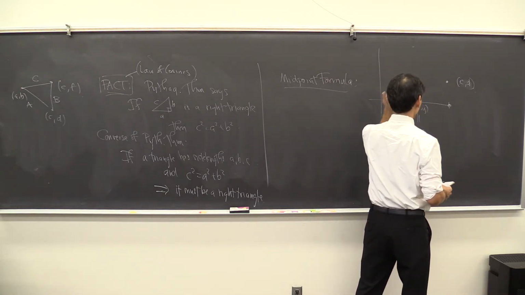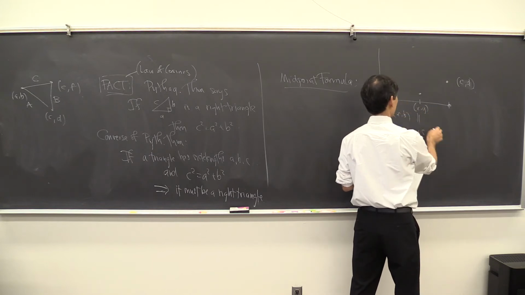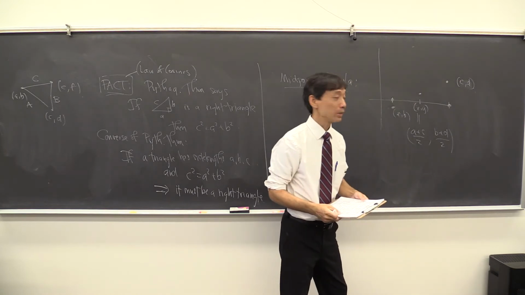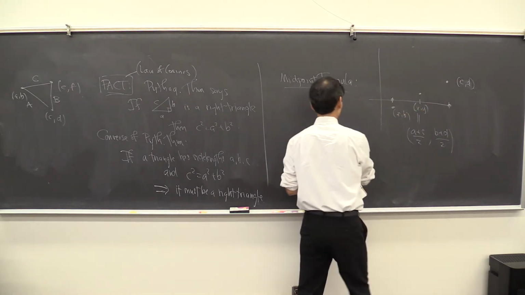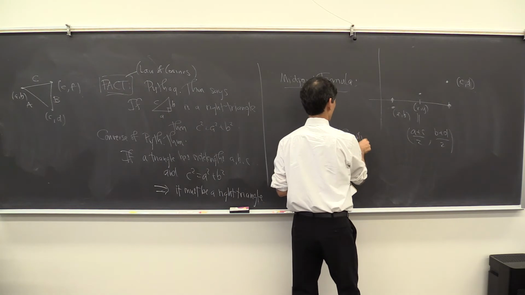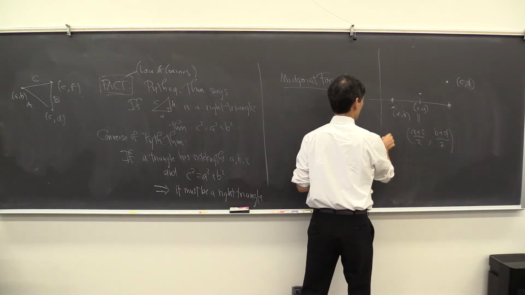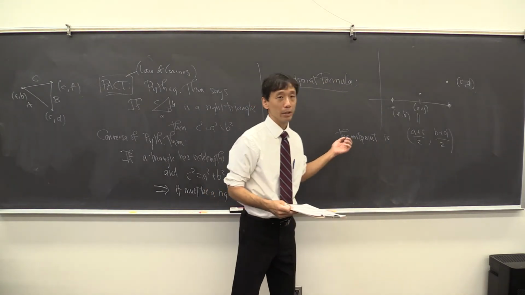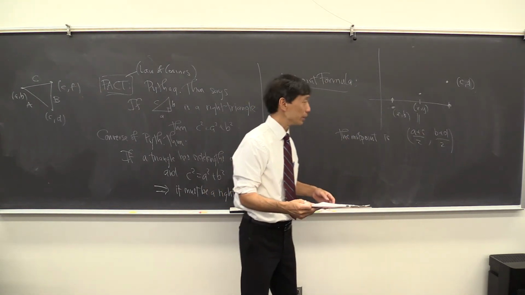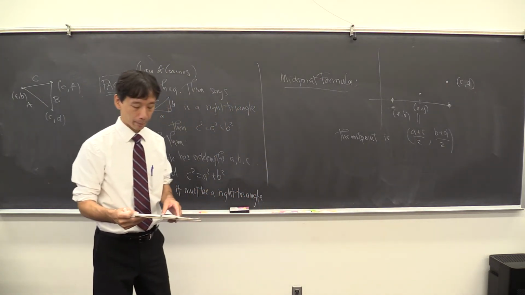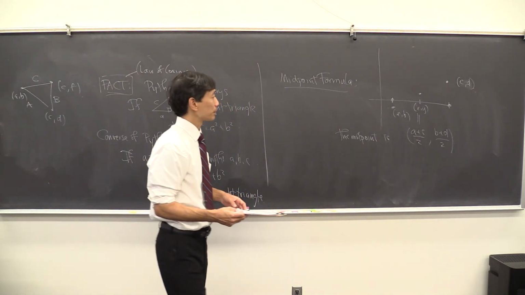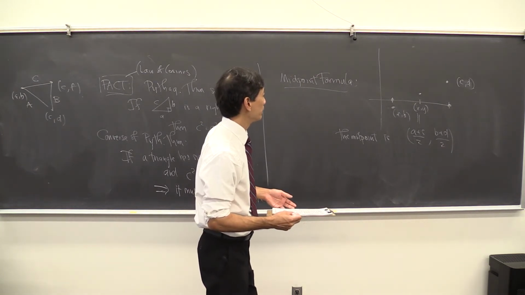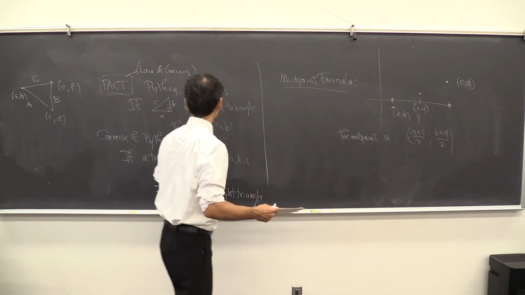Similarly, for the y coordinate, you again take the average, so you get B plus D over 2. So it's kind of obvious. The midpoint has x and y coordinates that are the averages of the other two points. So it's maybe not that interesting.